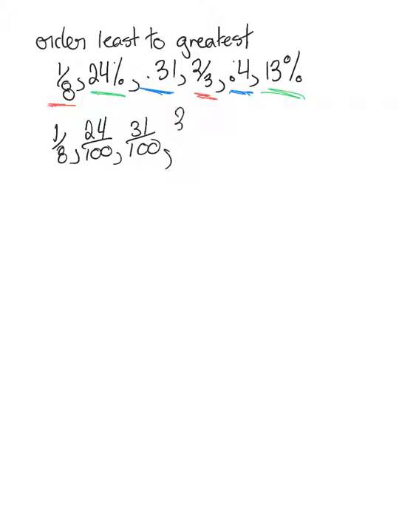So we'll leave the 2/3 as is. 0.4 would be 40 over 100, and 13% will be 13 over 100. And now we can already see that we can order 4 out of the 6 of them. Extremely easy. But we need to deal with these and get them into 100.